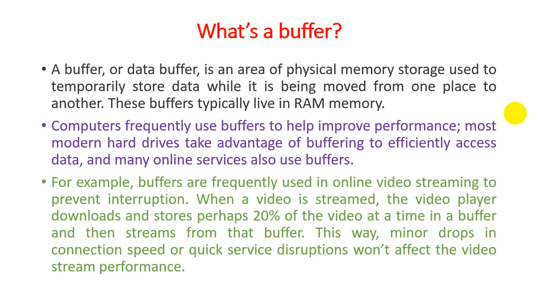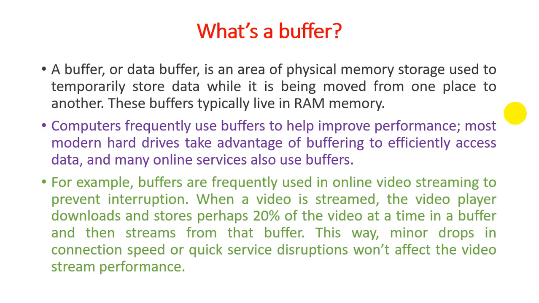For example, buffers are frequently used in online video streaming to prevent interruptions. It means they are storing the previous 10 seconds of video when we are watching it. When a video is streamed, the video plays, downloads and stores perhaps 20% of the video at a time in a buffer.